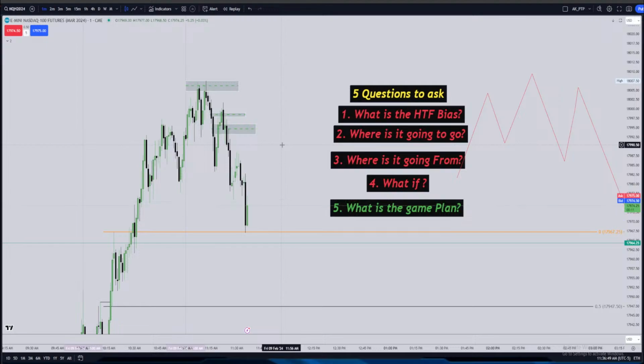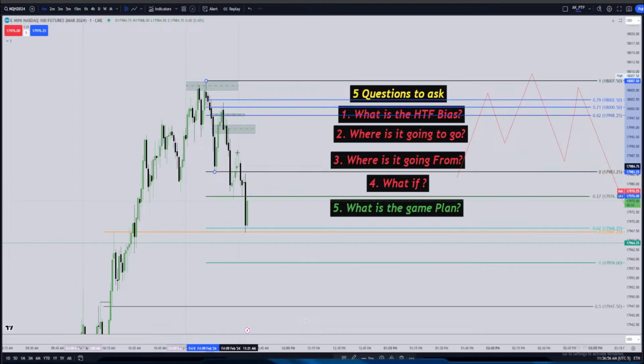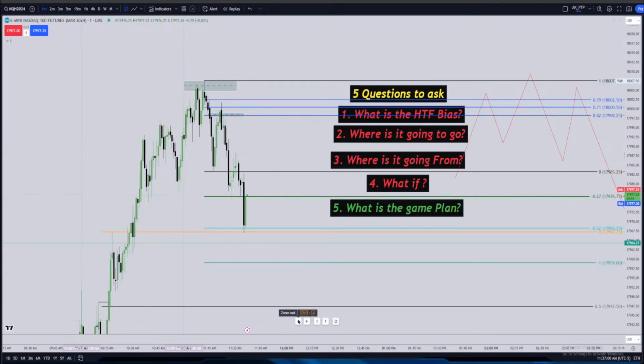Now if you are asking me where I would enter, simple: come from this way, mark the OTZ, and the fair value aligning, I would disregard that. So this is where I would enter.